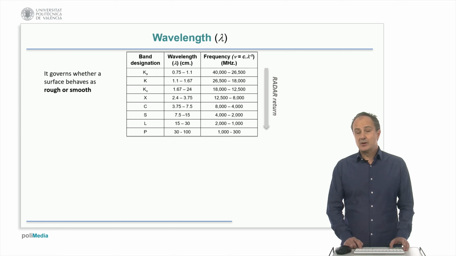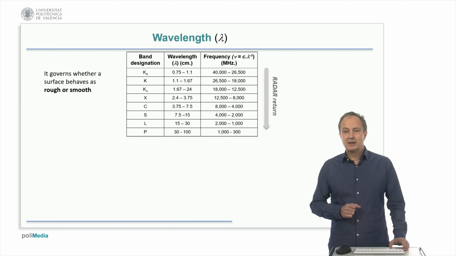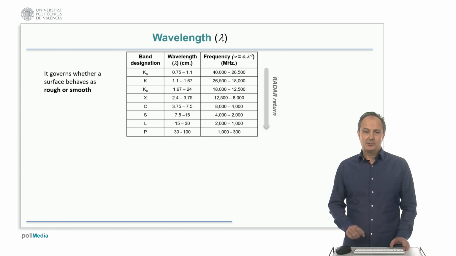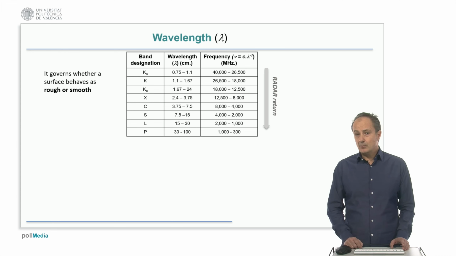This table shows the wavelength and frequency intervals of the principal radio spectral bands, which are commonly referred to by letters from K to P, in increasing wavelength. The radar return is directly related to the wavelength at which it operates.